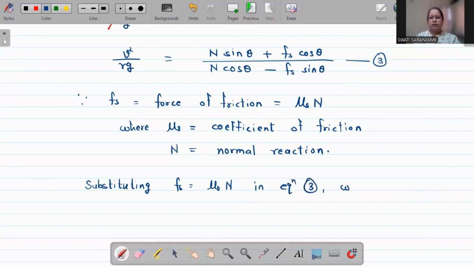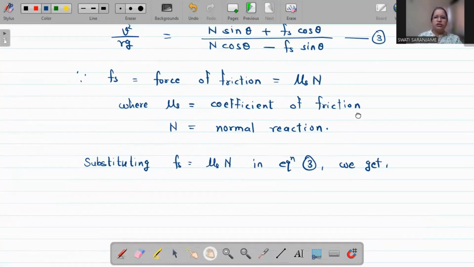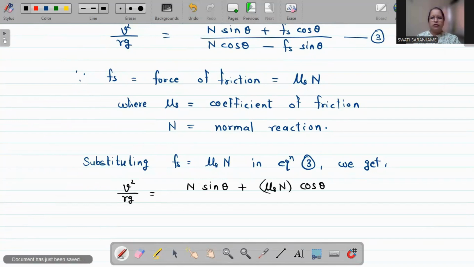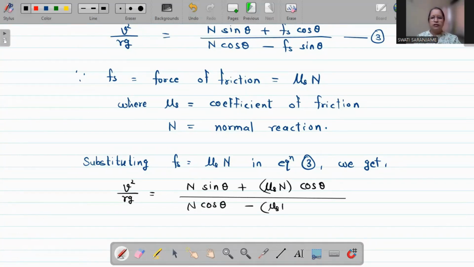We get v square by Rg is equal to N sin theta plus mu s N cos theta divided by N cos theta minus mu s N sin theta.